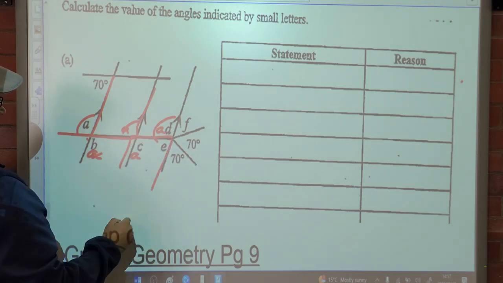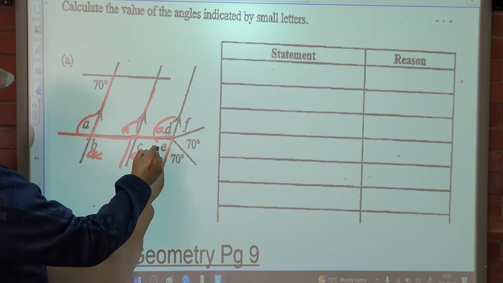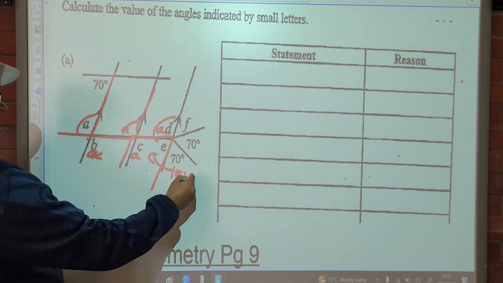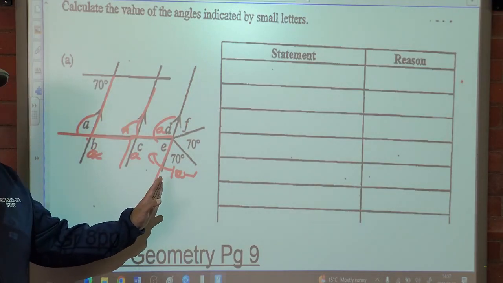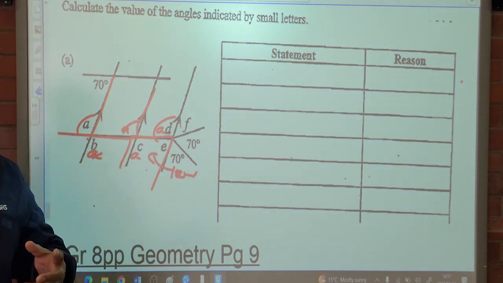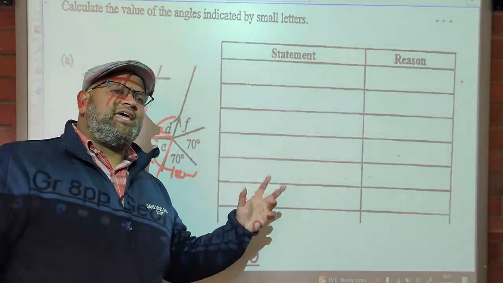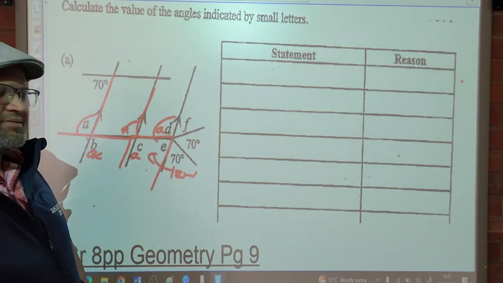This is going to be 180 minus A. I can actually solve this. No, I can't. I can't solve this question without saying that those lines are parallel. Can you see that picture?